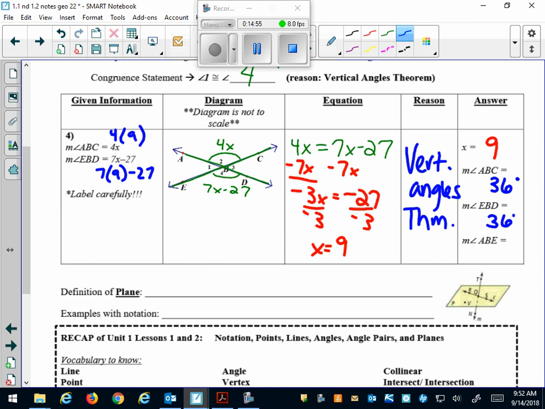This adds another little twist here. What's the measure of angle ABE? Well, where's ABE? Here it is. It's not part of the given information, but you have the diagram, right? So if we know now that ABC is 36 degrees, how could we get what ABE is?